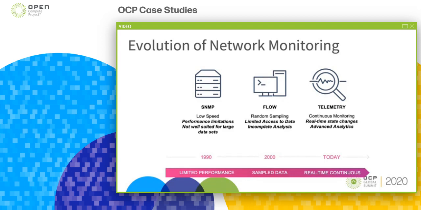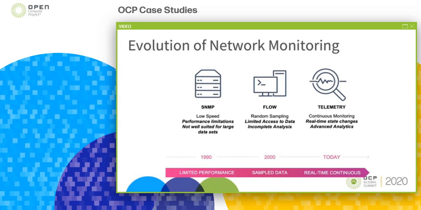Now, a lot of campus networks still use traditional network management tools, which are built around SNMP, with all of the attendant limitations, particularly because of polling, particularly because of the overhead associated with the SNMP protocol. And consequently, it's not very well suited for large data sets. It's not very well suited to get views of what's happening on the network in real time.